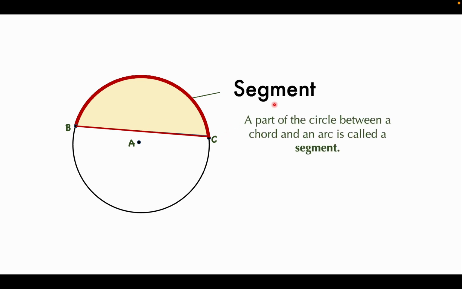Okay? So it is a part of the circle between a chord and an arc, and we call it a segment. Okay, so the difference between a segment and a sector is that a segment is an area between a chord and an arc, while the sector is an area between two radii and an arc.